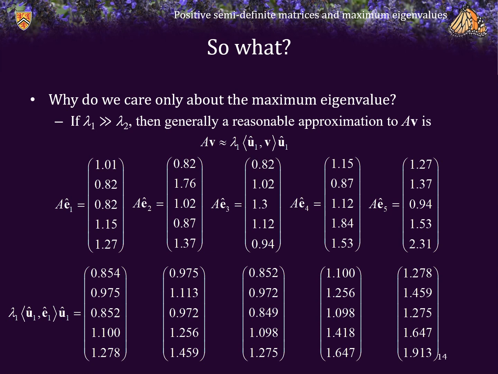So compare, say, a 100 by 100 matrix. You have a choice between 20,000 operations or 300 operations. And if those 300 operations can get you a reasonably good approximation, then that's often good enough for certain applications.